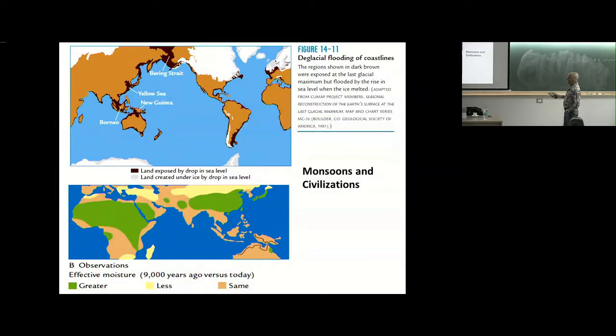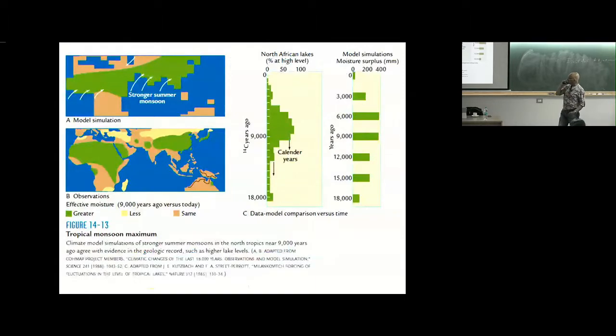Even Japan was much more moist than today. You would expect that probably the Kuroshio was bringing much more warm waters to this area. So you can see the rapid change in climate going from very dry climate here to very wet climate here. So this is showing 9,000 years ago versus today.